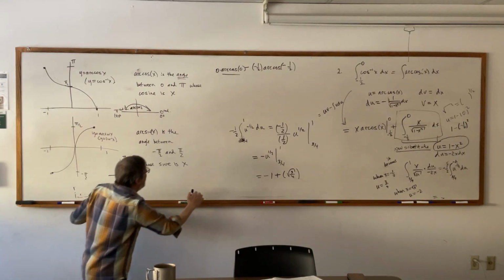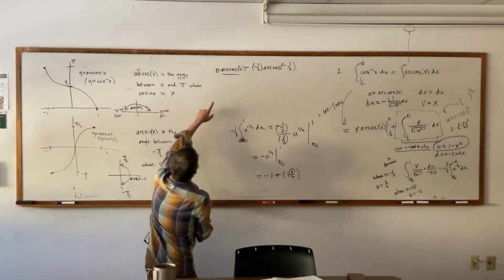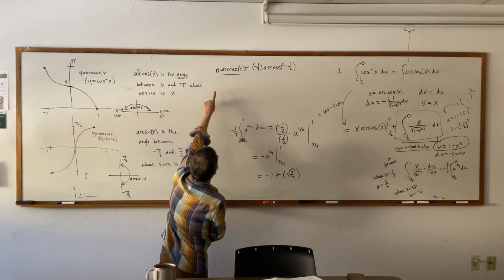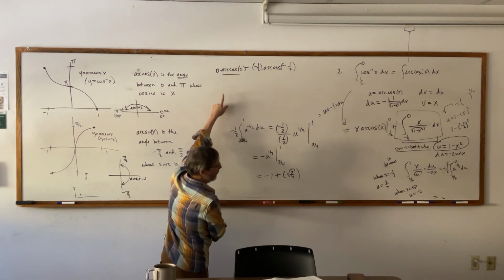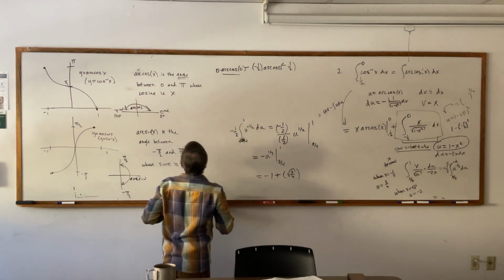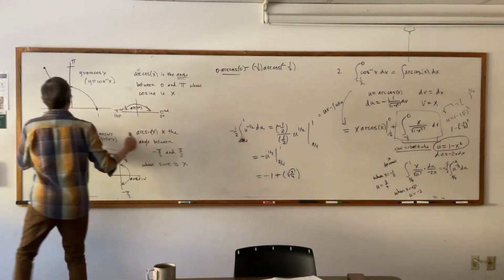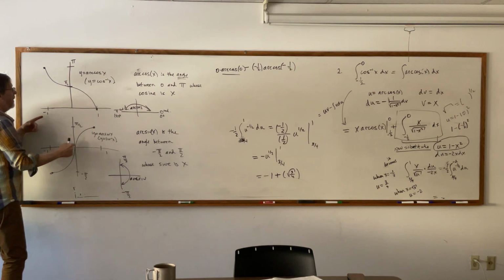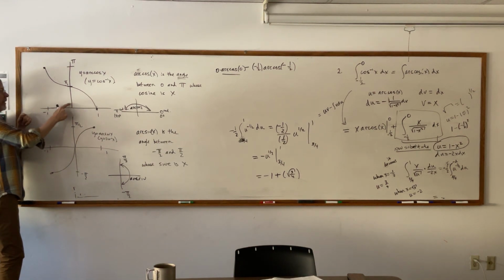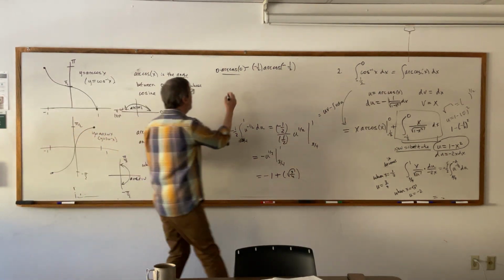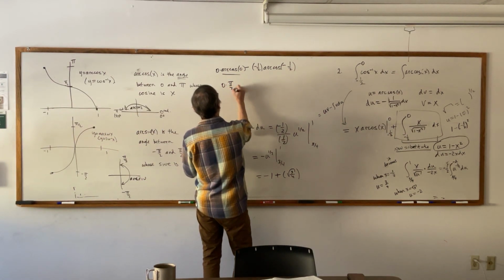That makes life a lot easier now. So luckily I've got 0 times that, as you will too, and you don't have to worry about it because it's 0 times something. But what is the arc cosine of 0? Check it out, I can look right here. It's pi over 2. Arc cos of 0 is pi over 2. So this is 0 times pi over 2.